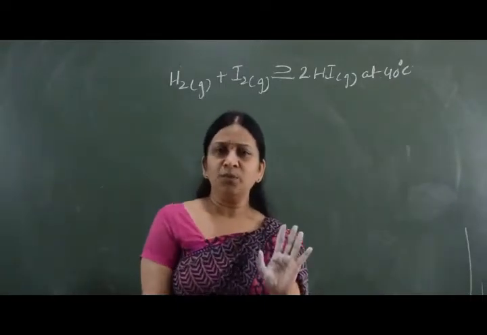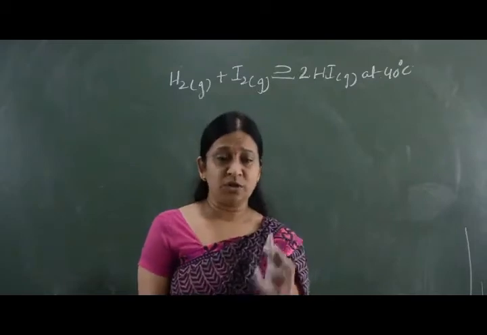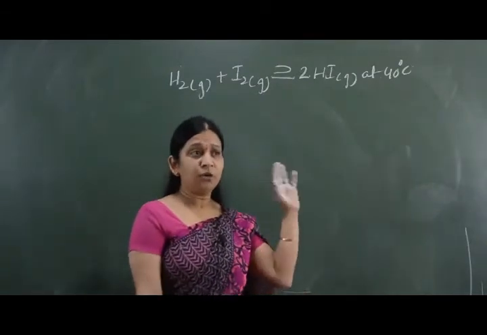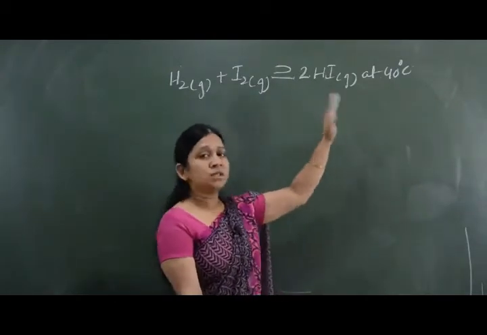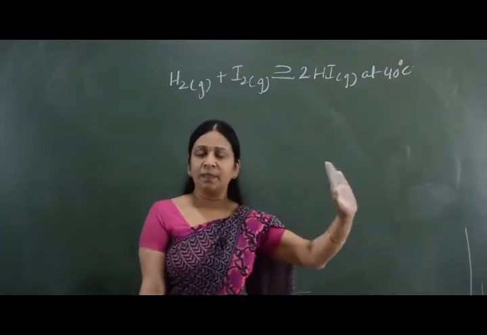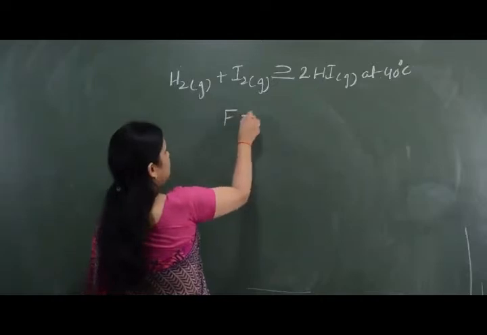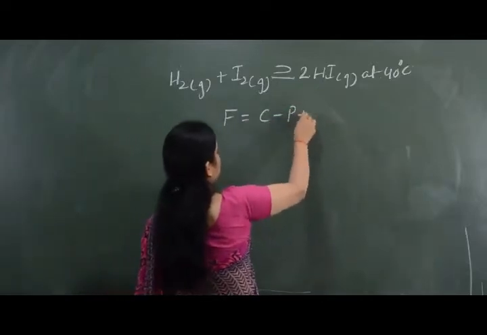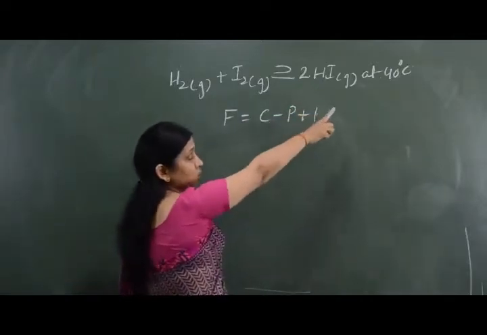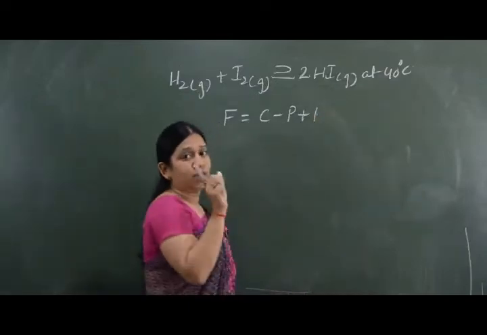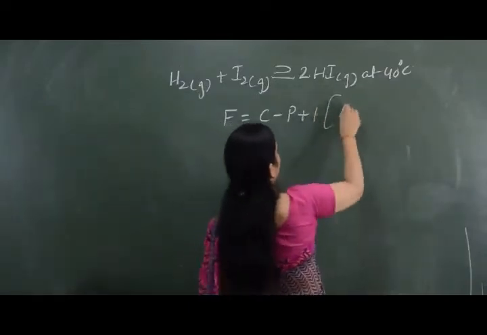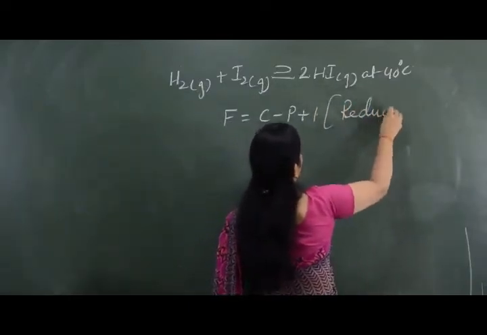It is not a normal or standard temperature. Whenever such kind of constants are given in the equilibrium, the phase rule is going to change, and here the phase rule is F = C - P + 1. Why 1? Because one of the variables is fixed, and this is known as reduced phase rule.